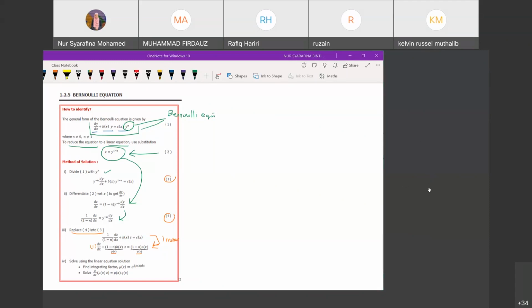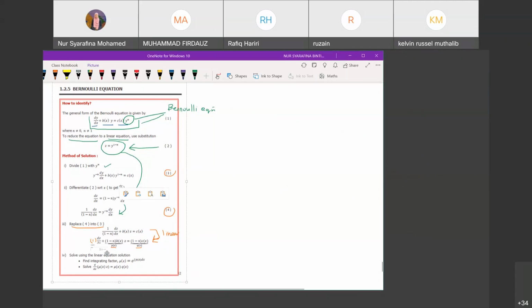Okay, let's take a look at the example. We want to solve this equation. As you can see, this is Bernoulli because we have y to the power of n there, where n equals 4.